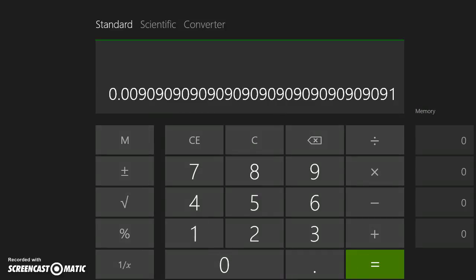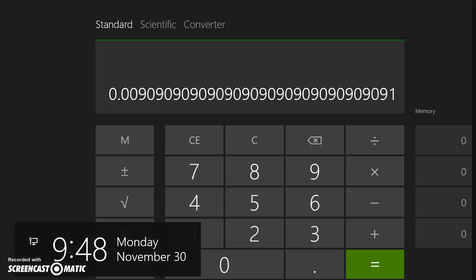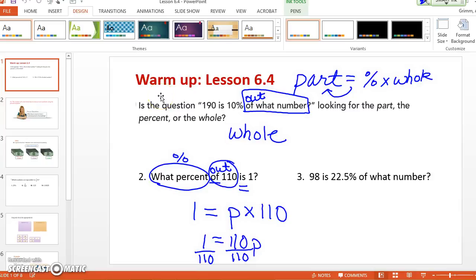And I get, wow, this big long number, and I'm looking for a percent. So I have to move the decimal point 2 times, right? So I move it 2 times. Let's see if my board will work. Aha. All right, so I move it 2 times. 1, 2, which puts it in front of the 9. So this is actually 0.9%.